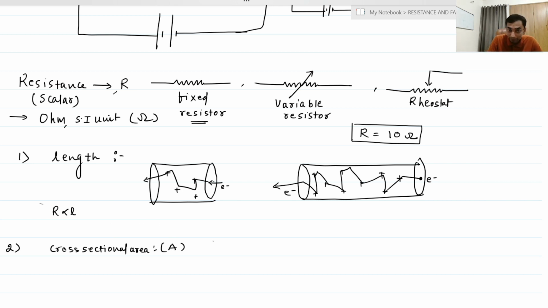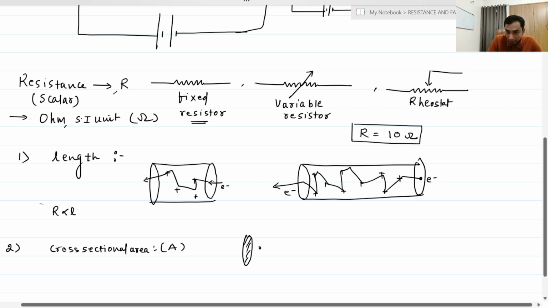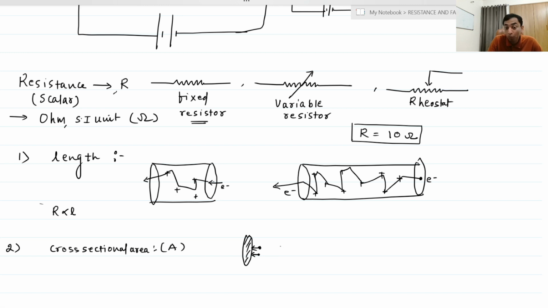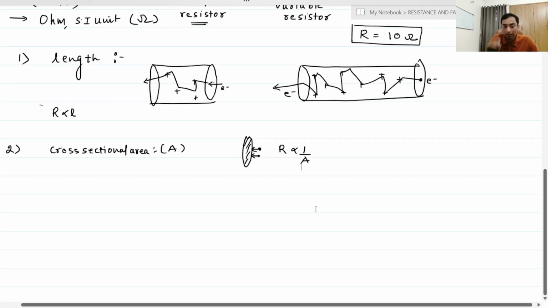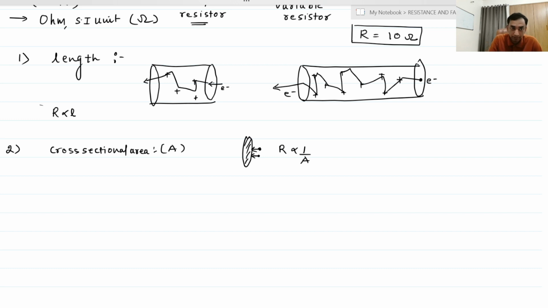So if the cross-sectional area is very small, then since so many electrons try to enter, there is an internal collision between all of them. So the smaller the area, the more the collision, so R is proportional to 1 upon A. This is the second factor that affects the resistance.